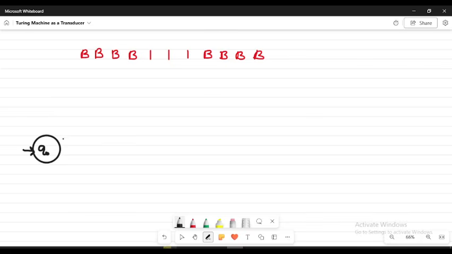So how can you build a Turing machine? The first thing is, you will start from here. This is left, this is right. You will start from the left hand side. Whenever you see 1, what you will do?